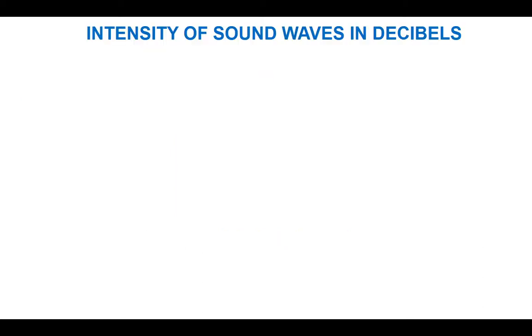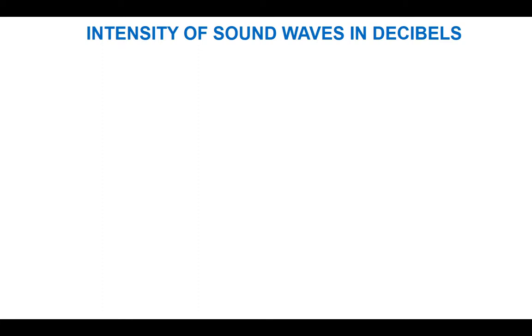Okay, so let's look at the intensity of sound waves in decibels. One thing that you need to understand is that the human ear has a minimum intensity of sound that it can detect, and it has a maximum that it can tolerate.